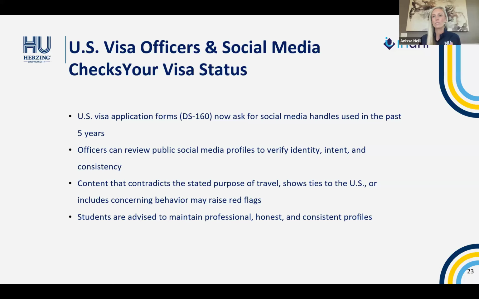They just want to make sure that they don't see anything that says I'm permanently moving to the USA and I'm going to apply for my F1 visa so that I can get there. They just want to make sure they don't see anything that's inconsistent with the requirements or the intentions of an F1 visa. Looking for content that contradicts your stated purpose of travel. They don't want to see ties to the US, like this huge family group or whatnot that you have here.